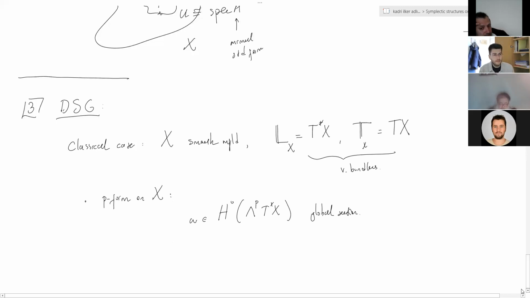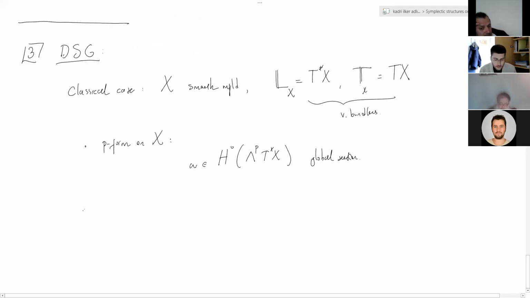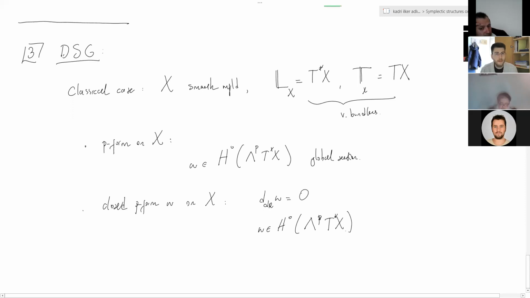And then how to define a closed p-form? The only notion of a differential in this classical setup is the de Rham operator: d omega is 0, and omega is in the global section of this exterior power of the cotangent bundle.